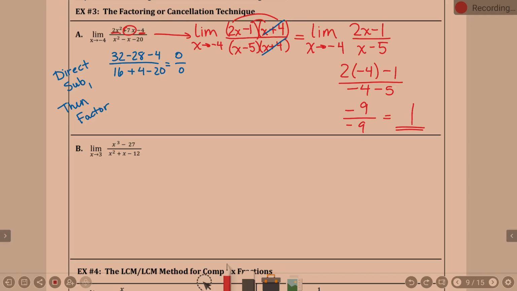Okay. So we need to look for a plan B because direct substitution doesn't work. Well, technically, we're in the section that says try factoring. What do we know about factoring here?